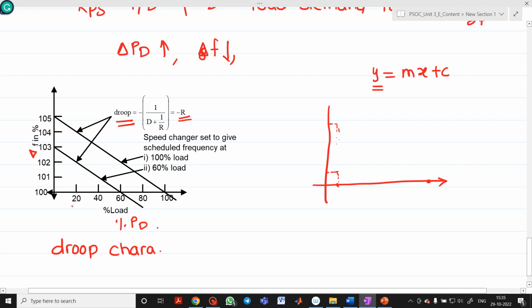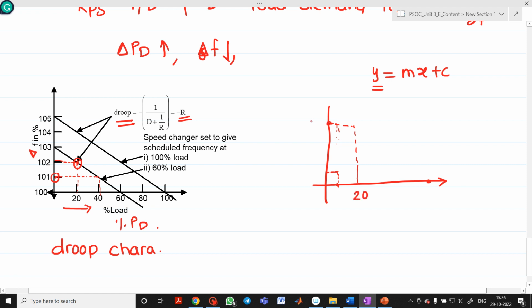But if you look along the x-axis as I increase the load, when 20% loading is there, the frequency will be, let's say, 102. When 40% loading is there, the frequency goes down because the load is more, so it is, let's say, 101. So if you draw the curve, you will get it like this. For minimum it is like this, because this is your demand. Let's say it is 20% demand.